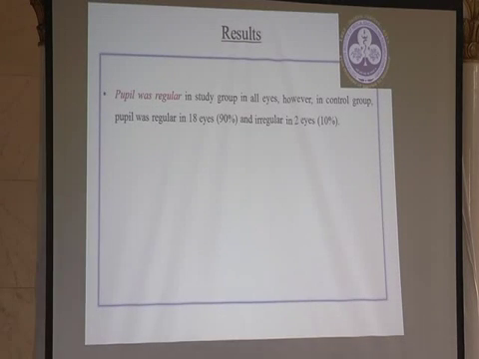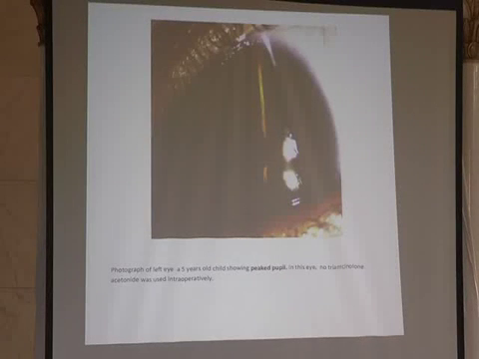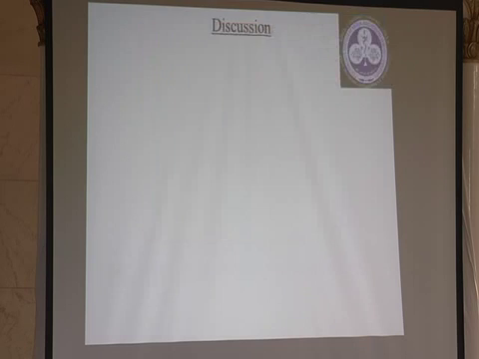The pupil was regular in all eyes in the study group, however in the control group, the pupil was regular in 18 eyes and irregular in 2 eyes. Posterior capsular adhesion was seen in 2 eyes in the control group and none in the study group. This is a photograph of the control group. We can see the peaking of the pupil in the temporal area at 3 o'clock. In this case, we did not use triamcinolone.